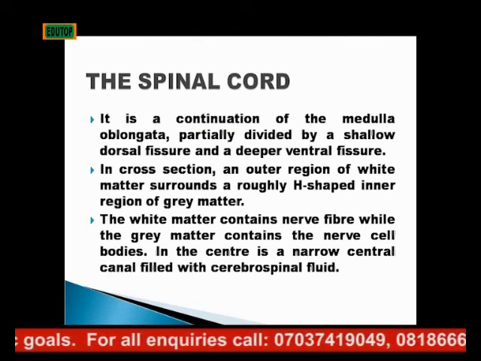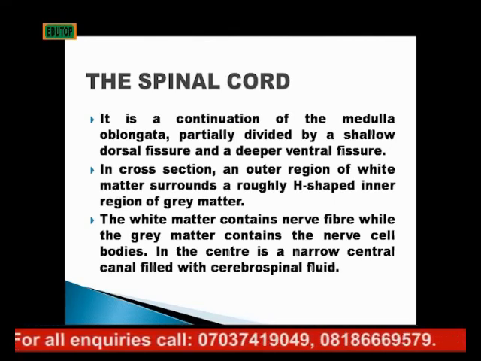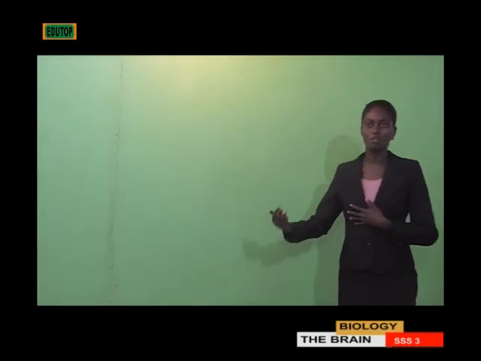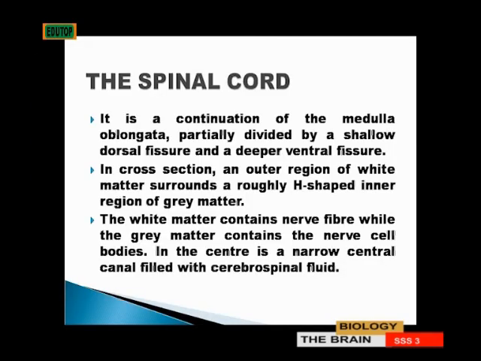The spinal cord is a continuation of the medulla oblongata. You know, I said the medulla oblongata is the one that joins the brain to the spinal cord. It is partially divided by a shallow dorsal fissure and a deeper ventral fissure. In cross section, it has an outer region of white matter that surrounds a roughly H-shaped inner region of grey matter.